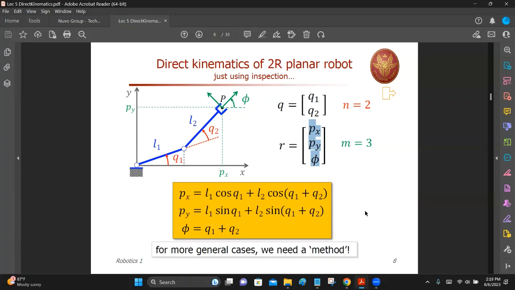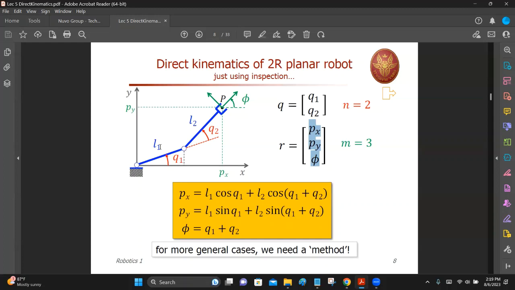Now, if you write down the forward kinematics equations, it's not difficult here. It's just trigonometry. px equals L1 cos Q1 plus L2 cos(Q1 plus Q2). That's the first equation. Now, Q1 is measured from the horizontal direction, but Q2 is measured with respect to the previous link L1, because the joint motor attached here rotates with respect to L1, as the reference for this motor is L1.